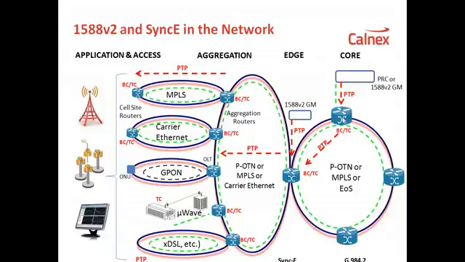So what SyncE is doing is really locking all the local oscillators and clocks in every node to the master or primary reference clock. What this does is it enables the synchronization of that primary reference clock to be transported and distributed across the network.